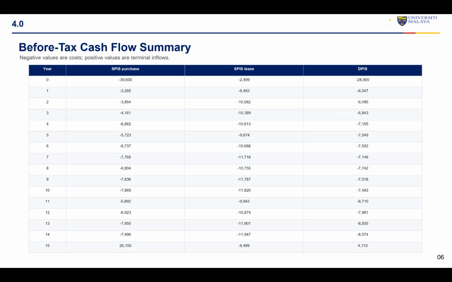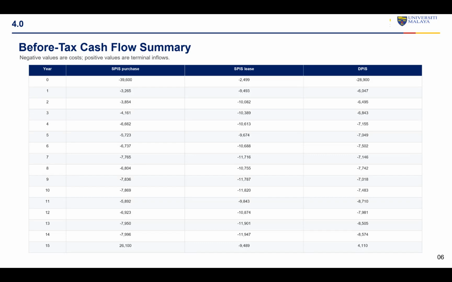This table shows the before-tax cash flow series for the three alternatives. For SPIS purchase, year 0 includes the purchase and installation cost, while year 15 includes the salvage value. For SPIS lease, the cash flow includes annual lease payments, insurance, and miscellaneous cost, and the year 15 lease cash flow reflects the deposit refund.